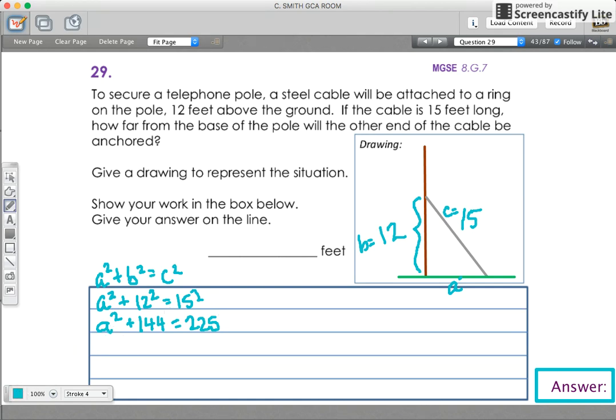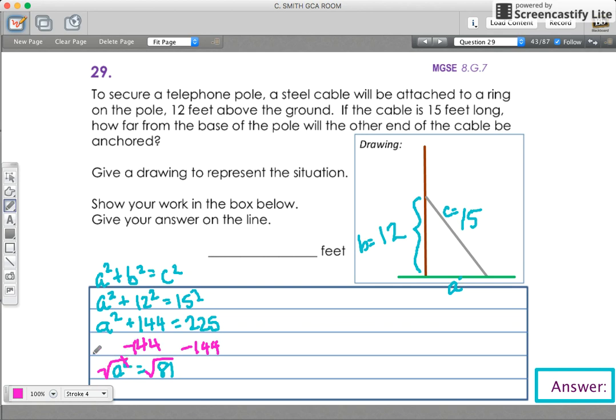We're going to subtract 144 from both sides of the equation, and we're going to be left with A squared equals 81. We're going to take the square root of both sides.